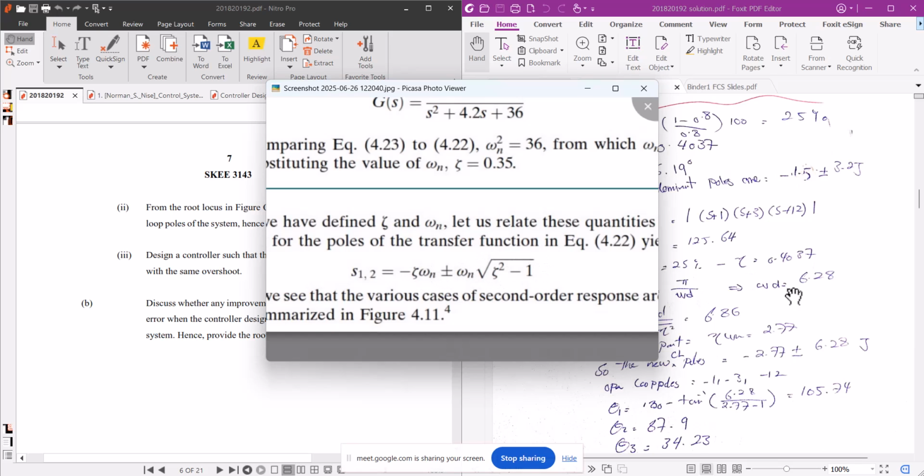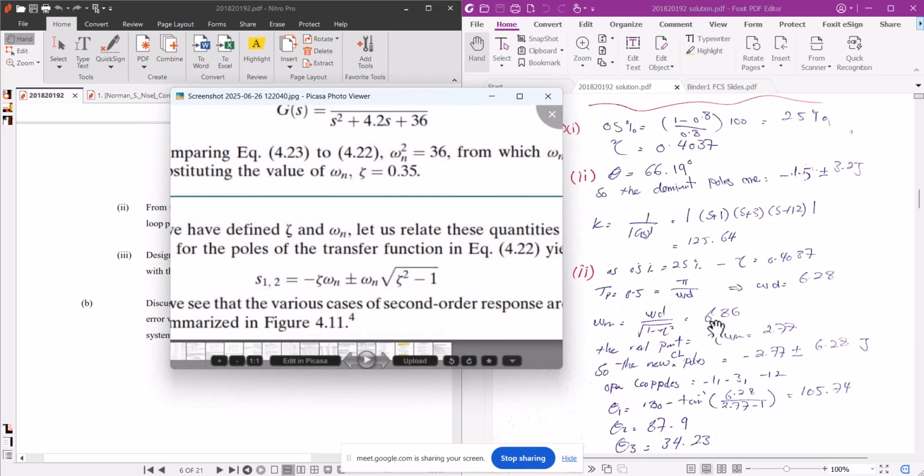Here omega n is now 6.86, multiplied by 0.4037. That is the real part, 2.77. I have checked it with the calculator. The imaginary part is omega d, so you can simply put 6.28. So the new dominant poles are equal to minus 2.77 plus minus 6.28 j.